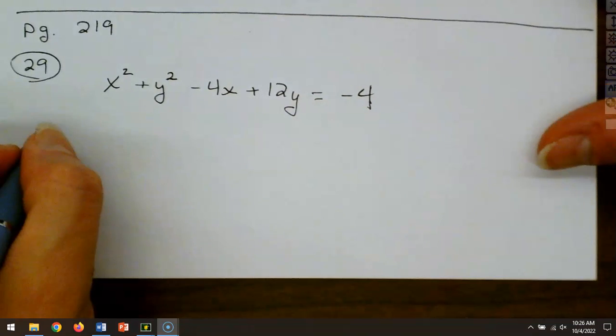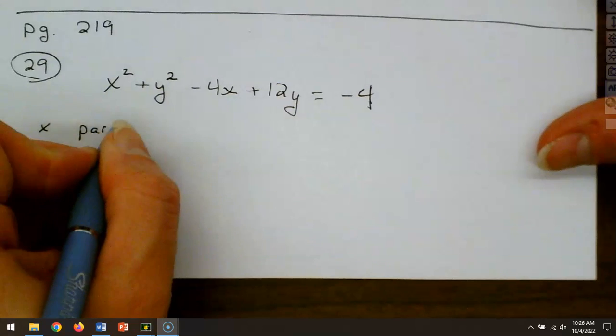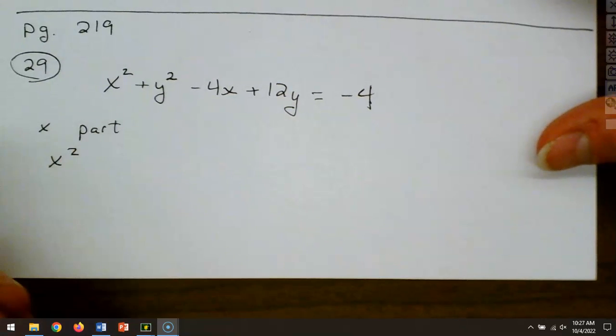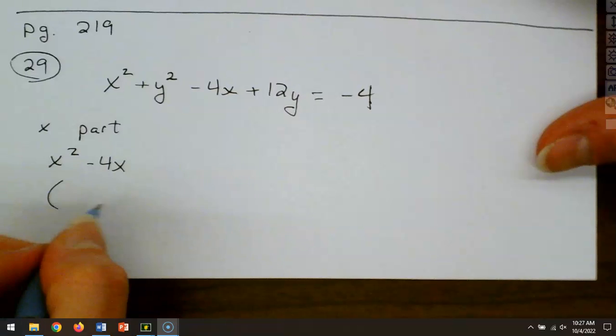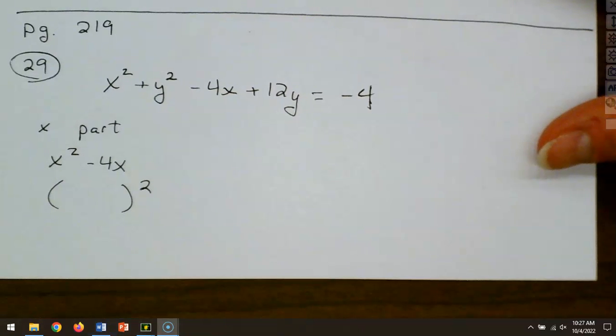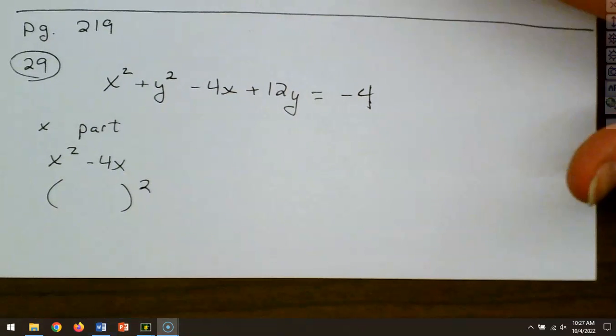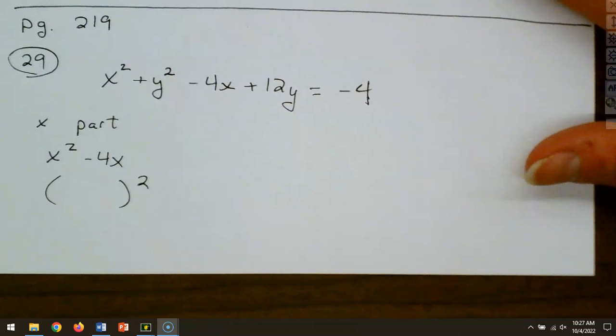So let's look at the x part. And that is x squared minus 4x. What would that factor into? Can someone tell me? What would come down into here?